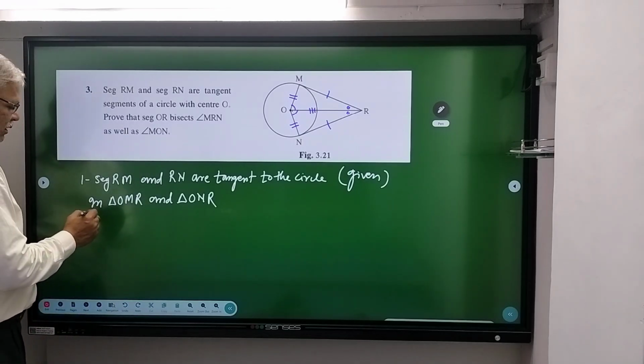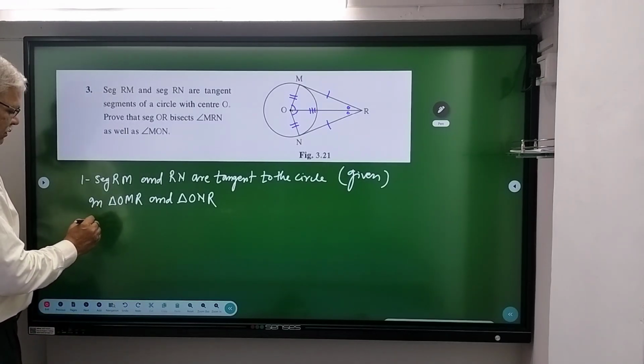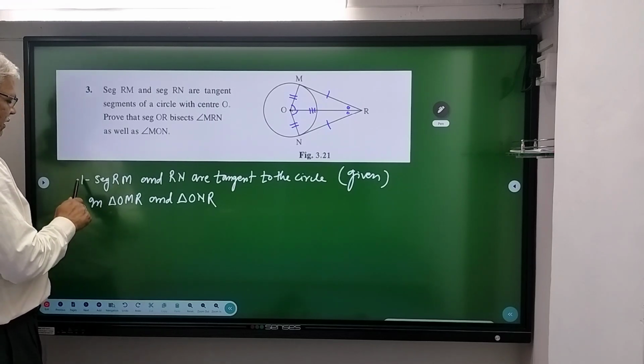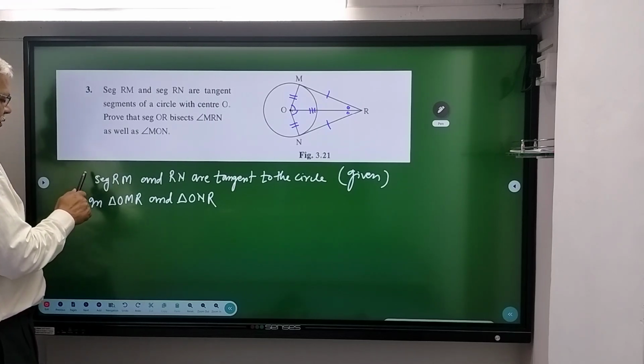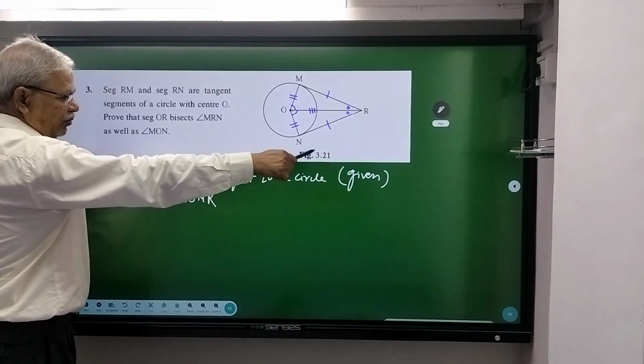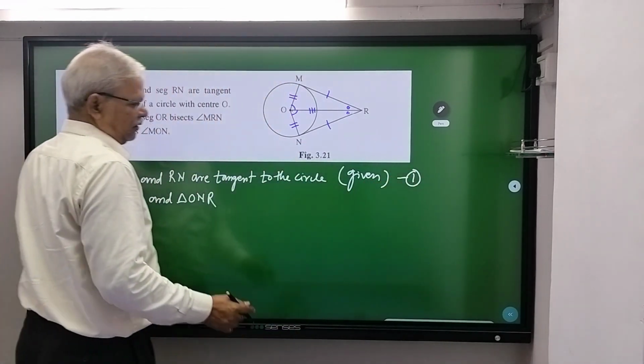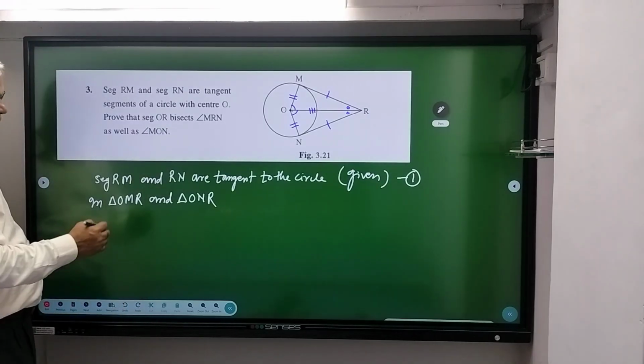Now see here, the second thing we are going to write. The statement numbers are given over here. We must write the number in geometry.